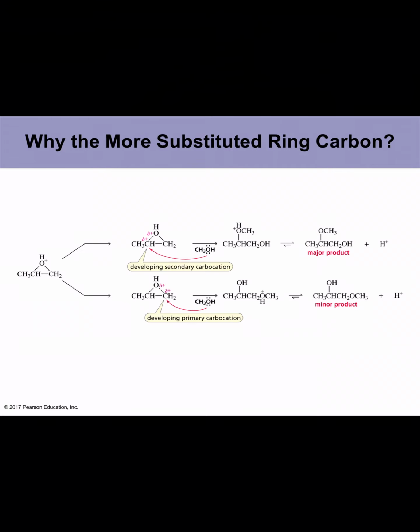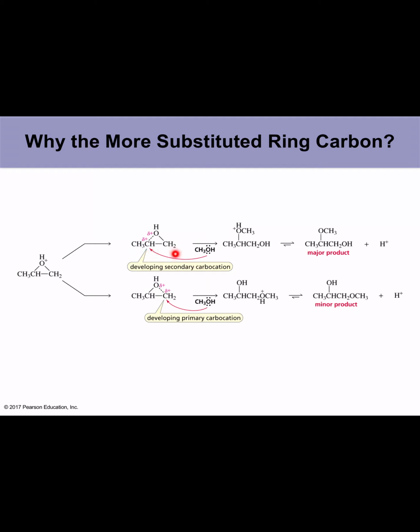Why the more substituted ring carbon? Now this is the intermediate that we had seen after the oxygen gets protonated. Why does methanol come to this carbon? You see here, this carbon-oxygen bond is going to break. Once the carbon-oxygen bond breaks, you are making a carbocation here. And this is a secondary carbocation that you are developing.